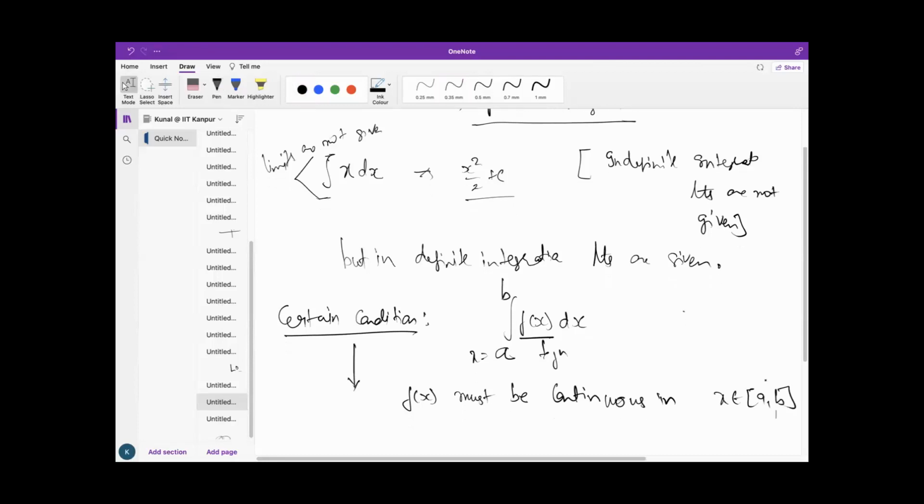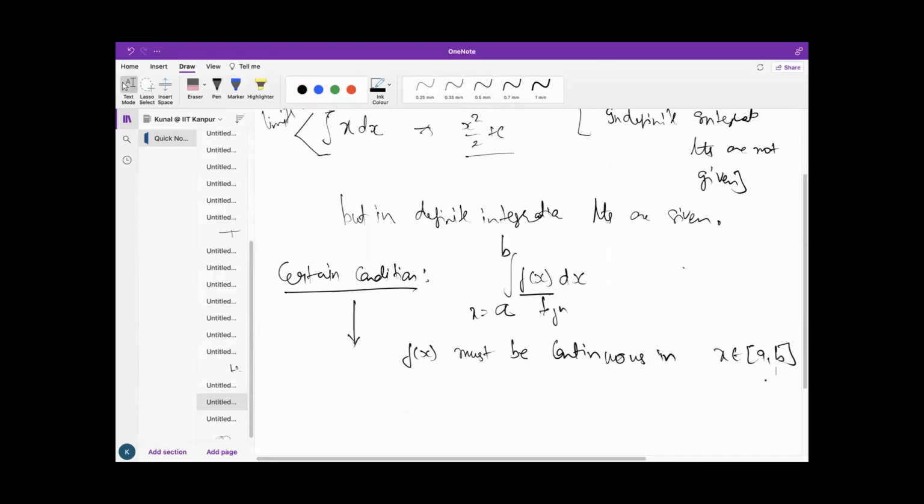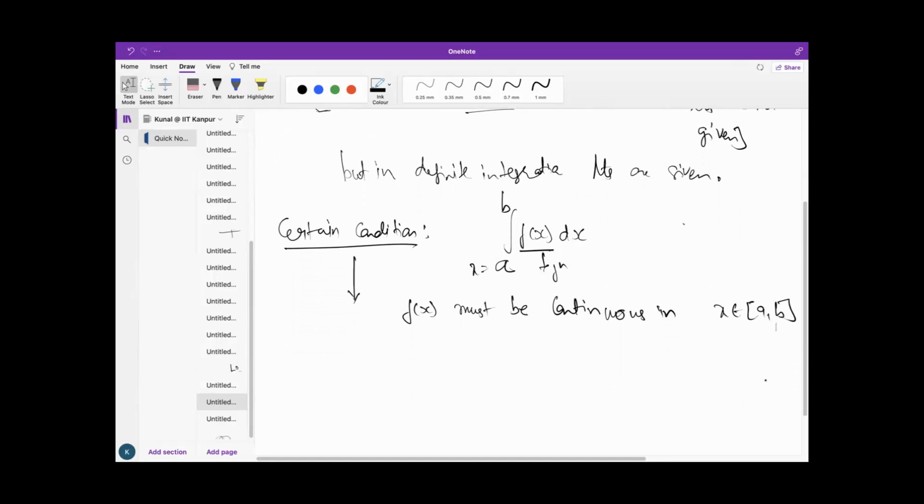I hope you all know what continuity is from the continuity and differentiability chapter. And f(x) is equal to f dash x. Let me suppose that f(x) is the differentiation of the F(x) function, right?